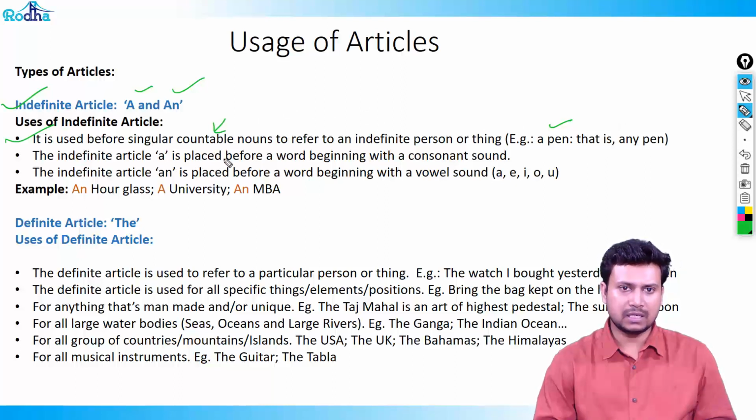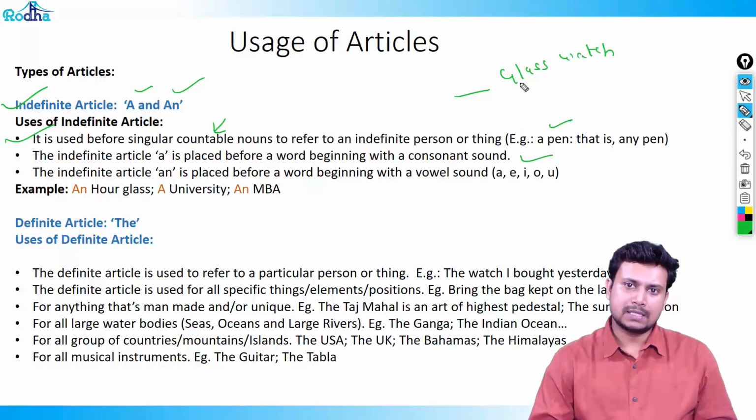Similarly, the indefinite article a is placed before a word beginning with a consonant sound. I hope all of you know what a consonant is. Any letter other than a, e, i, o, u will be a consonant. So for example, a glass watch. It starts with G and the sound is also G, so it should be a glass watch.